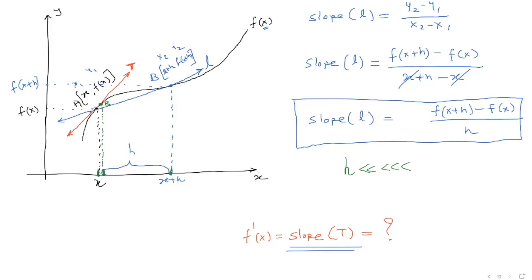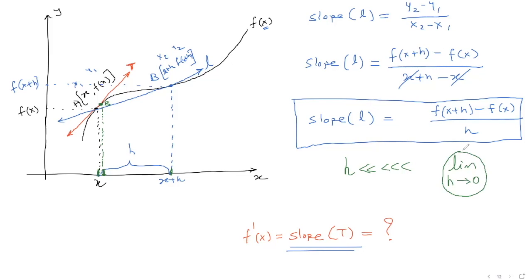We get points A and B really close together by making the h value very small. That is where the concept of limit comes in, and we write limit h approaches 0, or h tends to 0. When I say limit h approaches 0, all I'm saying is h will be very small. That simply means A and B are going to be really close together.